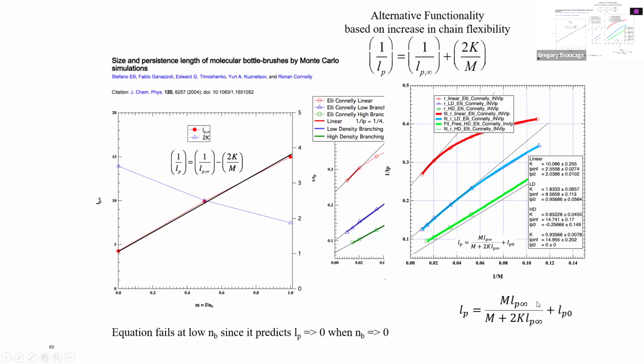The nice thing about this equation is all the parameters mean something. You have your infinite molecular weight persistence, the 0 molecular weight persistence, and then the molecular weight, and K is the rate of change due to the end groups. In other words, K is how impactful the structure of the chain is. The local flexibility is in Lp0, and the impact of that on the chain persistence is in K. Right, so you have a 3 parameter fit instead of 5 that can fit everything.